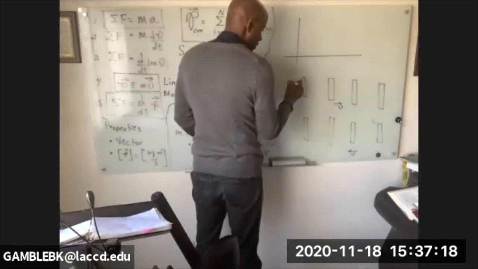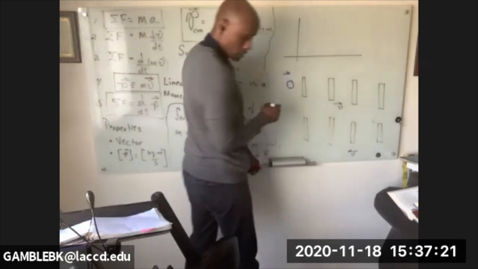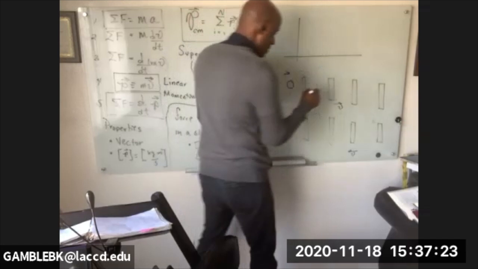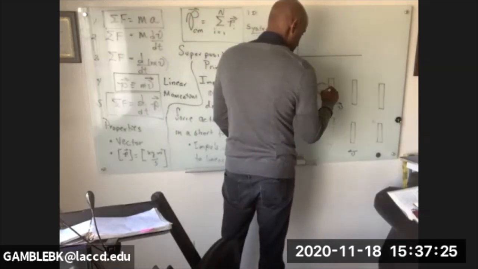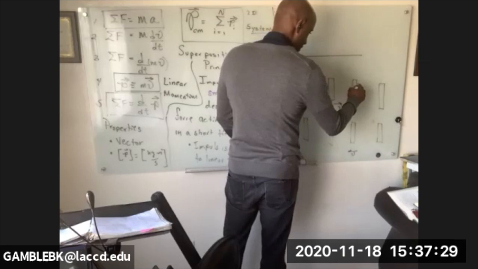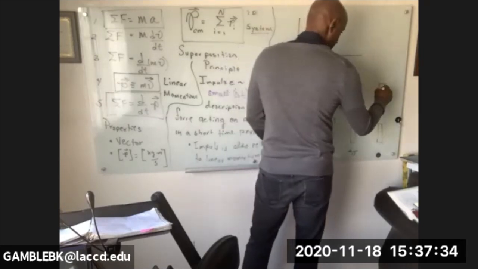So here's the ball on its way to the wall, and then the ball just makes contact with the wall. It hasn't deformed yet, but it's just on the edge of making contact. Then it starts to deform a little bit. Then it makes maximum contact and deforms so that it's kind of squished.